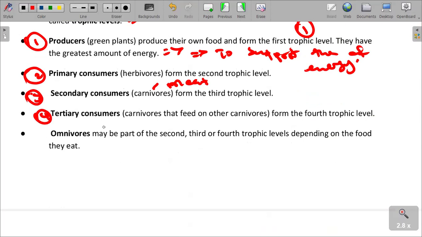Then we have the fourth, which is the tertiary carnivores that feed on other carnivores, forming the fourth trophic level. And then the omnivores, which may be part of the second, third, or fourth level, depending on the food they eat. So omnivores can be found on the second, third, and fourth trophic level. That we must not forget as well.